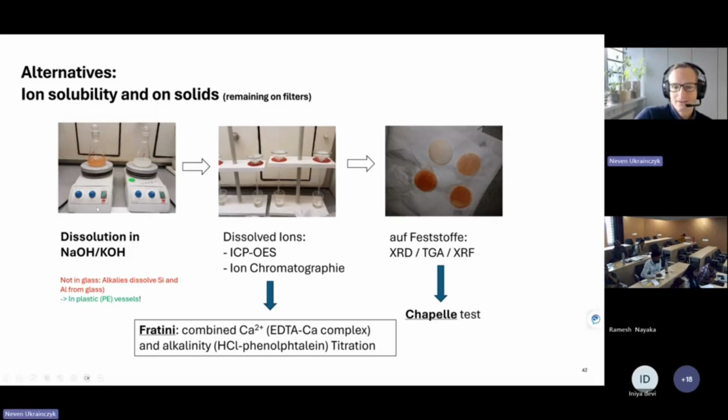I'm always skeptical, because at high temperature with alkalis, you will dissolve silicate from the glass. So I don't believe these results. Use Teflon. That is also resistant to temperature and doesn't dissolve the silicates.